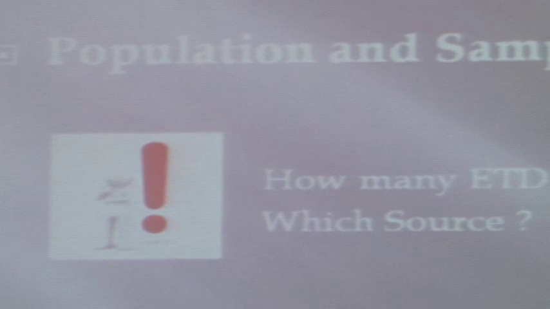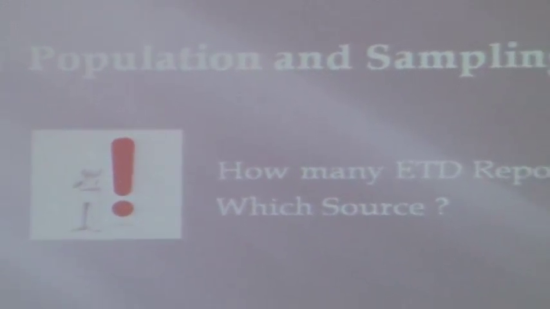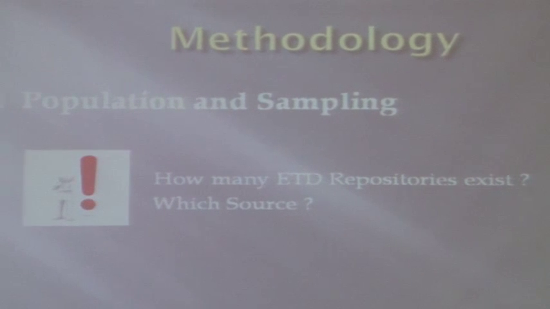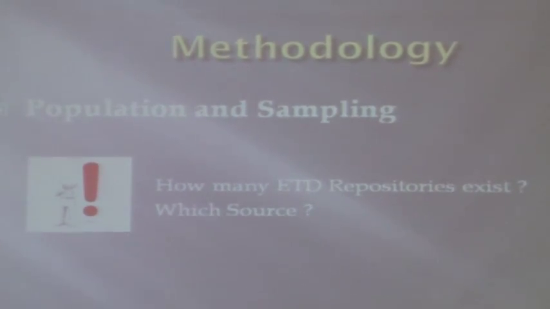When I thought of doing this, the first thing was to go to NDLTD and find how many repositories there are. As an end user, as a student, I have used NDLTD since 2006, but as a researcher, when I went there, this was my scene: how to start. It's a big thing. So I thought it was not better to start with NDLTD.